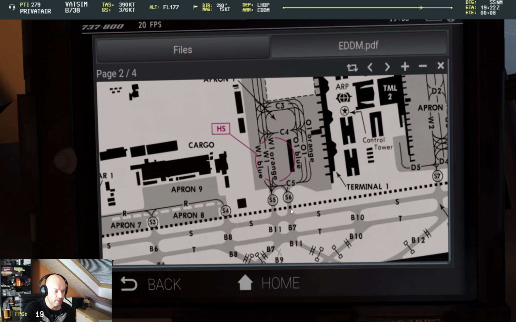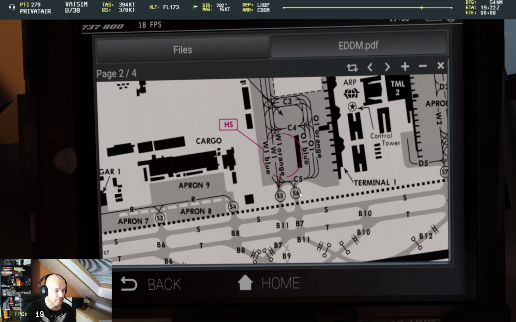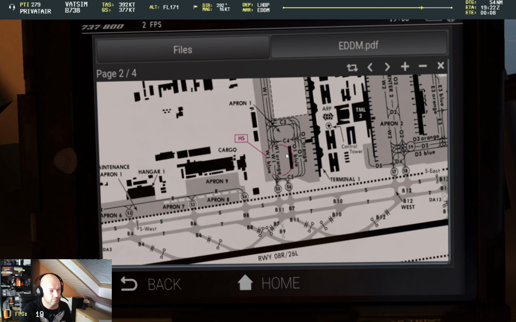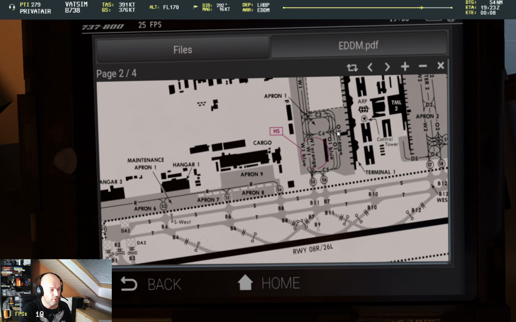That would be then enter via Sierra 6 and then Charlie 5, Oscar 1 or Oscar 1 orange this way. Or they're going to park us here then. So it's Charlie 5, Whiskey 1 orange, something like this. We shall see.